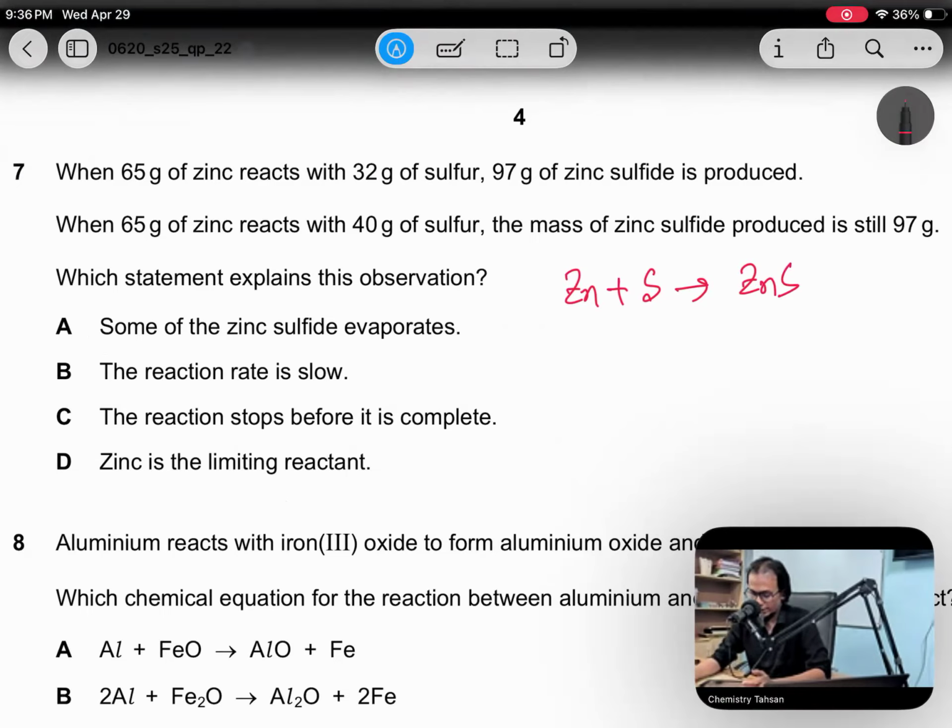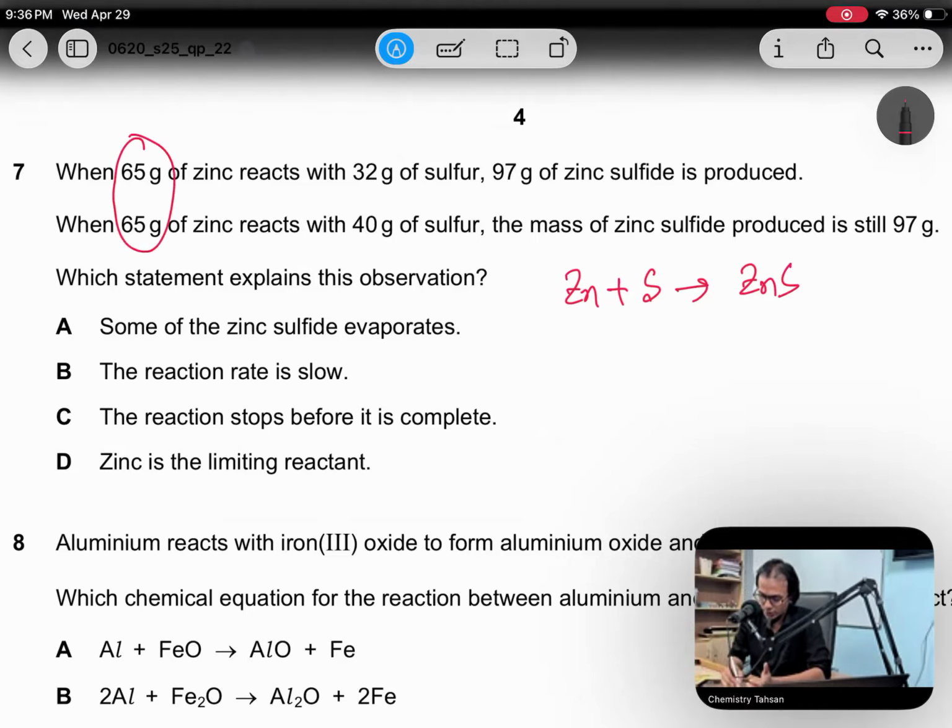When 65 gram of zinc reacts with 40 gram sulfur, the mass of zinc sulfide produced is still 97 gram. Which statement explains this observation? So you need to understand from these two, zinc and sulfur, one must be the limiting agent and another must be in excess. Some of the zinc sulfide evaporates, the reaction rate is low, the reaction stops before it is complete, zinc is the limiting agent.